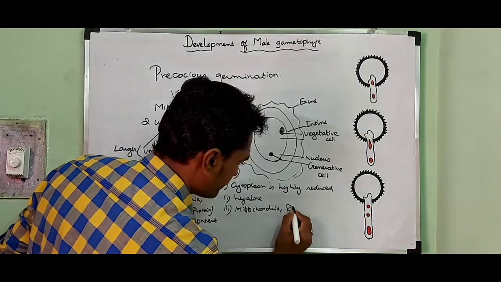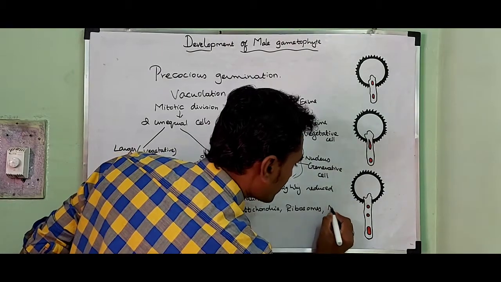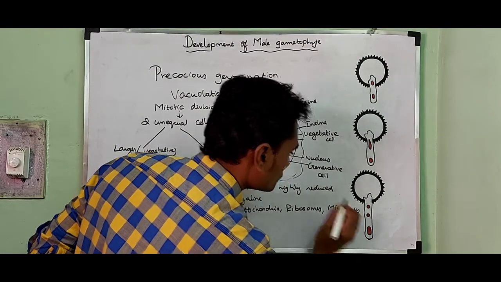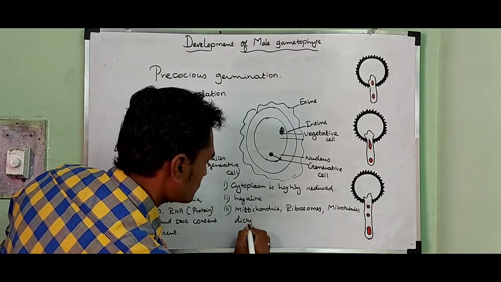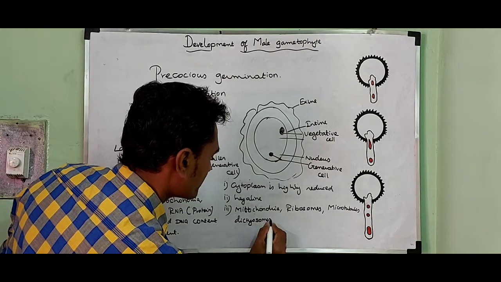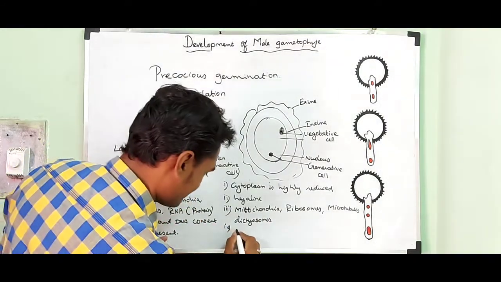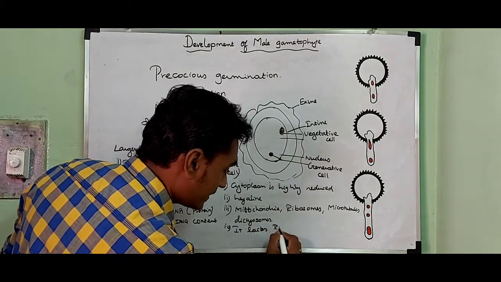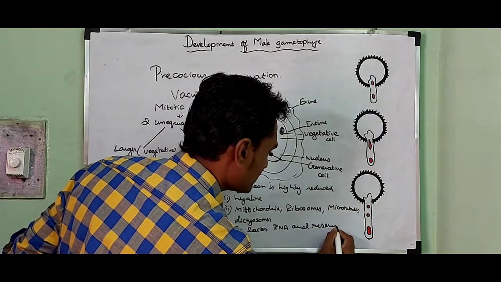Then it contains cell organelles like mitochondria, ribosomes, microtubules, and dictyosomes. Okay? Then it lacks RNA and reserve food material.